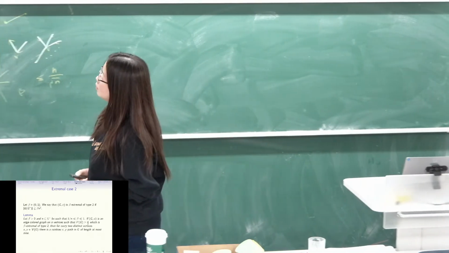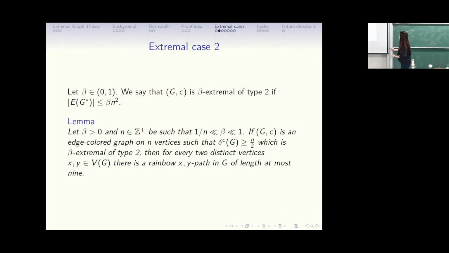And another extremal case is a pretty much regular tournament. Regular tournament means that there aren't many double edges. And if we fix the color degree or out degree to be half of n, not many double edges actually gives you an almost tournament as well.